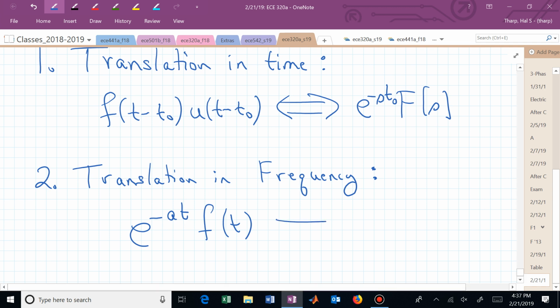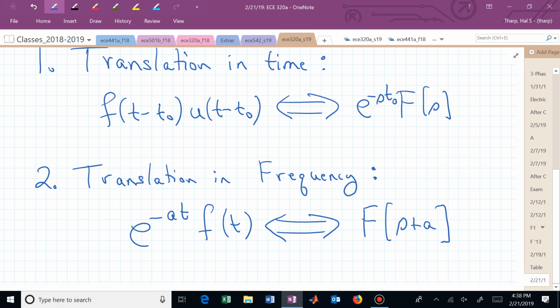If little f of t had a transform capital F of s, everywhere we have the s, we replace it with a translated frequency, with the translation in the frequency being a value a. And that's what we saw with e to the minus sigma t cosine omega t. We replaced s with s plus sigma everywhere.